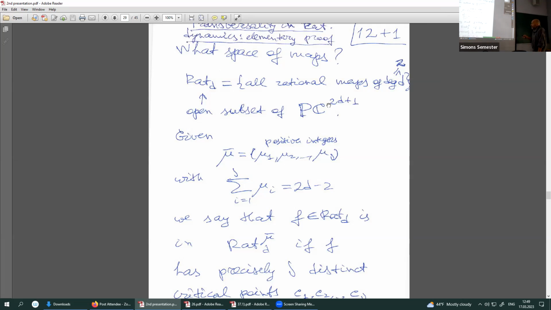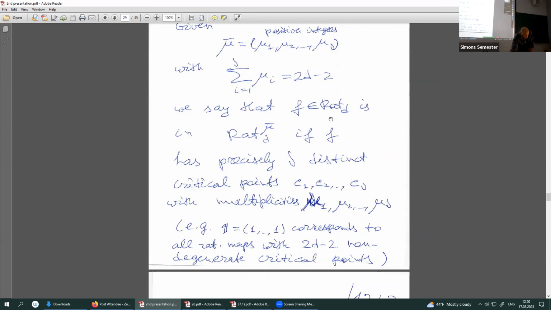So given a collection of positive integers, we say that a rational function f of degree d is in this space corresponding to this vector if f has precisely nu, which is the number of multiplicities in this list, distinct critical points of the corresponding multiplicities from this list.